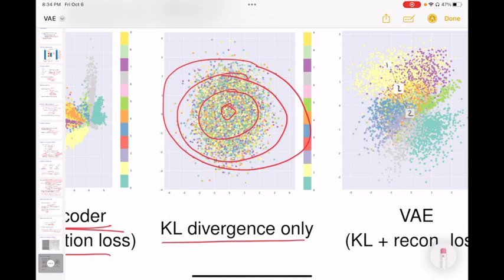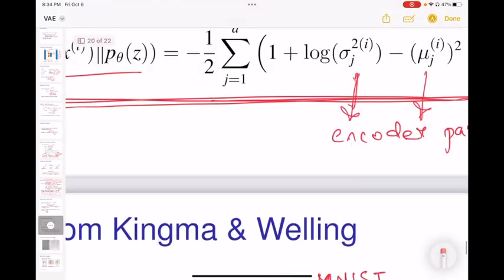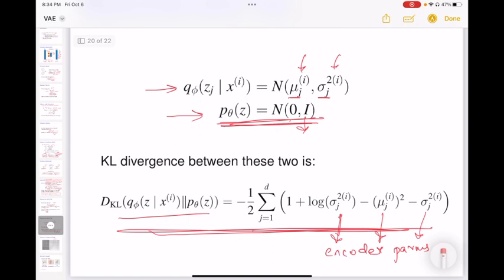I'm drawing a contour map. So you can see that the distribution does follow a normal distribution because we are trying to optimize over KL divergence only, which means that we are trying to make sure that the latent representations follow a 0, 1 distribution.